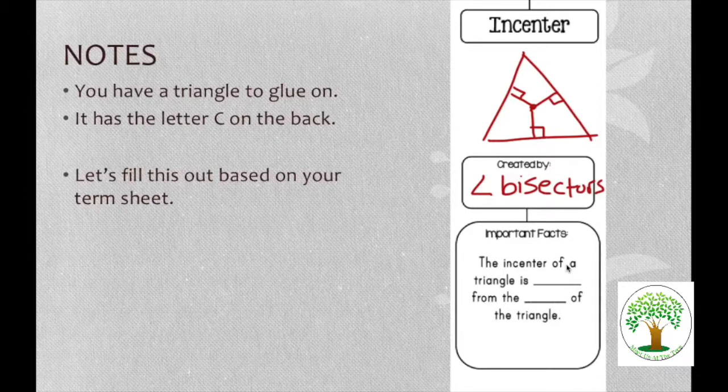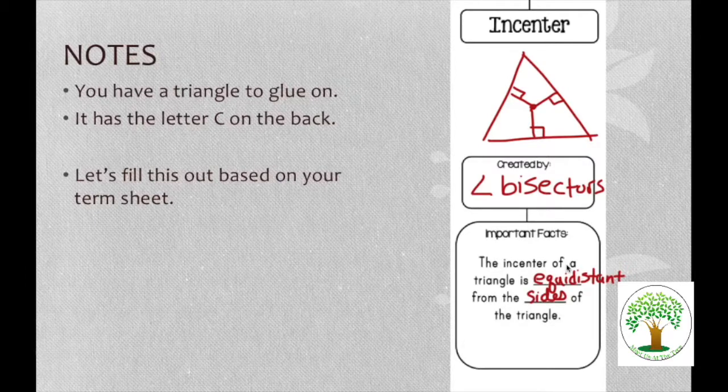This important fact is the same as your postulates and theorems that go with it. The in-center of a triangle, and this is number 10 for your inscribed, is called your in-center theorem. Your in-center theorem says the in-center of a triangle is equidistant from the sides.